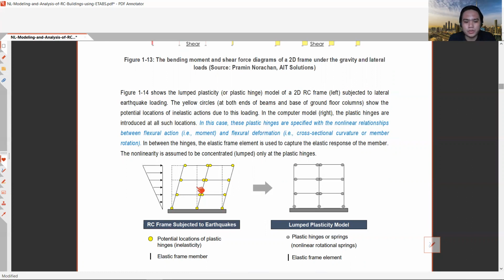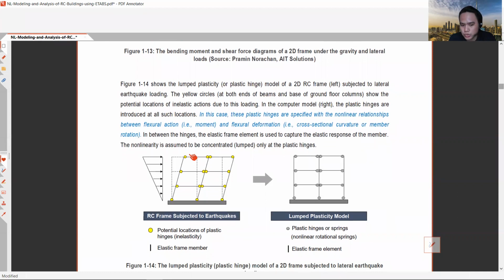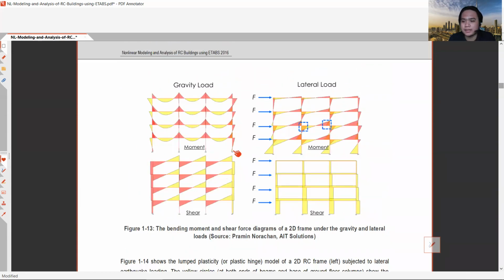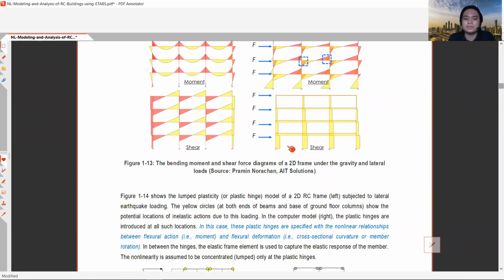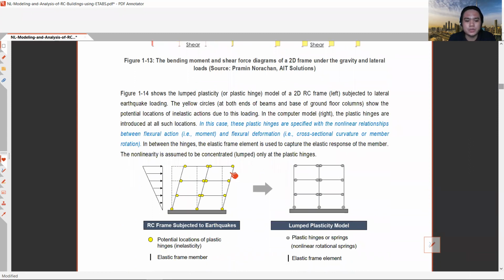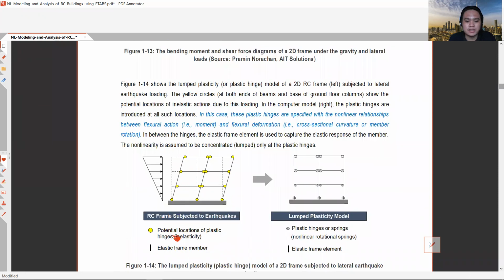So yung yellow line is the potential locations of the plastic hinges. So yun daw yung point at which nandun yung high bending. Kung mapapansin natin, ito yung point kung saan yung high bending, high bending dito. So parang dun siya talaga sa may mga ends, di ba? Sa mga ends. Okay. So the yellow legend is potential location of plastic hinges.